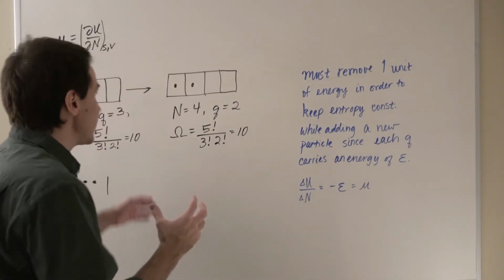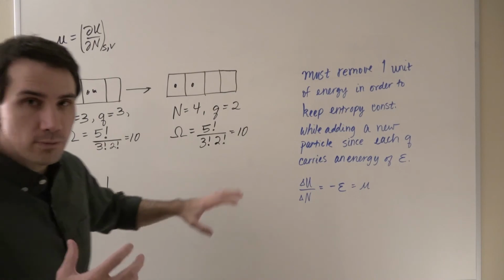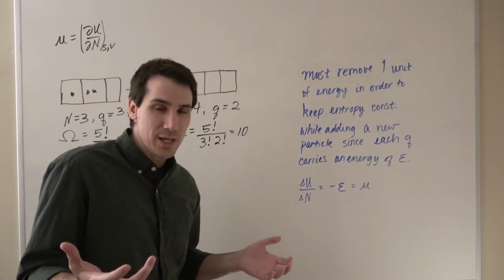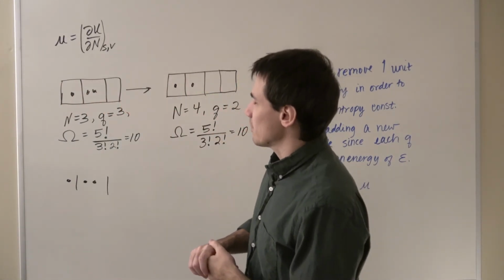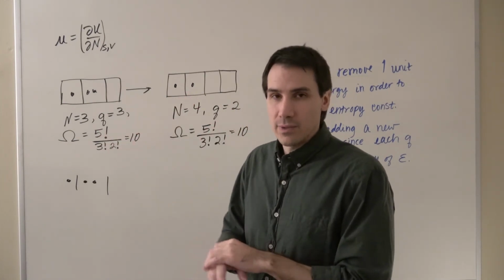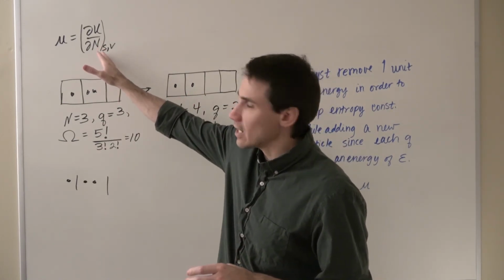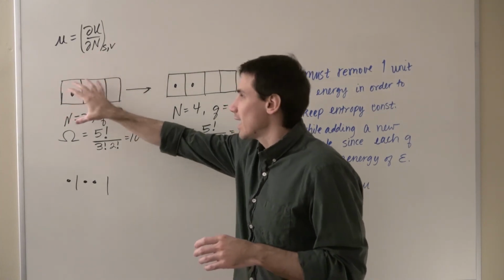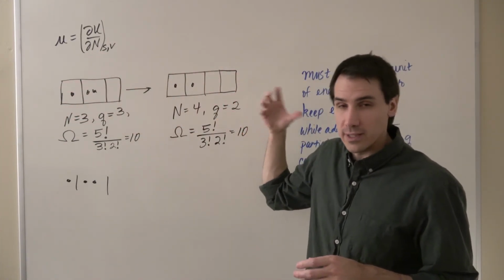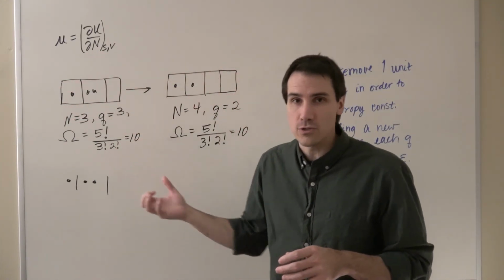So in order to keep S constant, we had to remove energy. Actually the more interesting thing here is thinking about what is the requirement that we need to meet in order to keep entropy constant as we add a new particle. In this case, we had to remove energy.